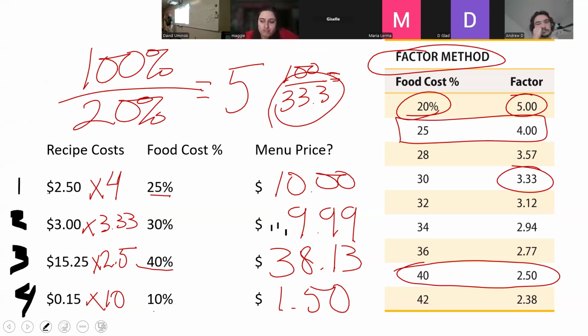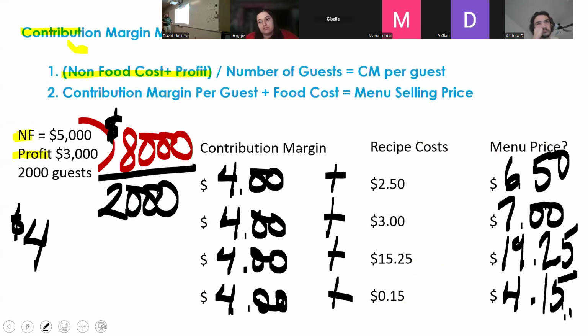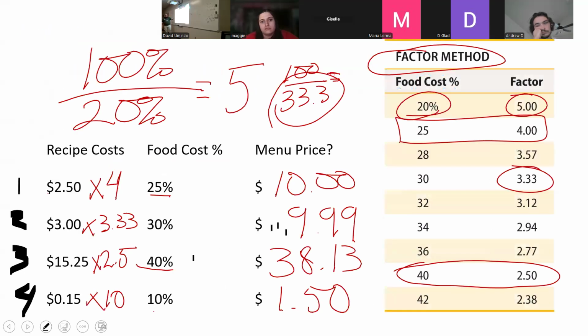It doesn't make sense because I'm a marketer's best dream because I'm like, oh, that's only $9. It's no big deal. But if we look at this, maybe this 15.25 is a steak. Am I going to sell that steak for $19.25 and only get $4 profit off of it? Or am I going to sell it for $38 and make more money off of it?